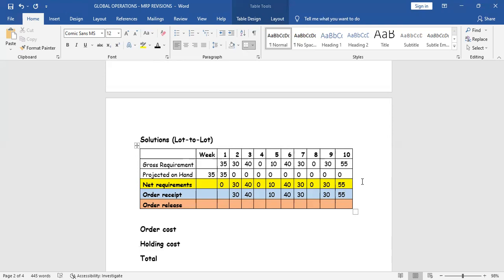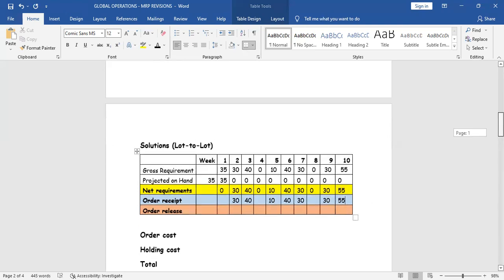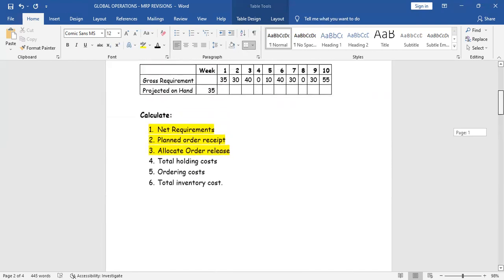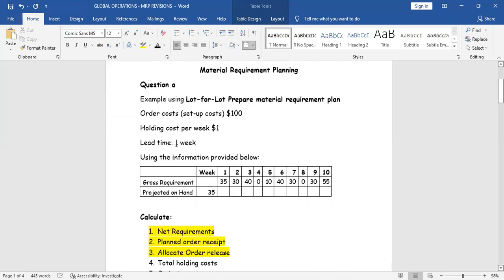But if we need to receive these, when should they be released? Remember, the question says there is a lead time of 1 week.